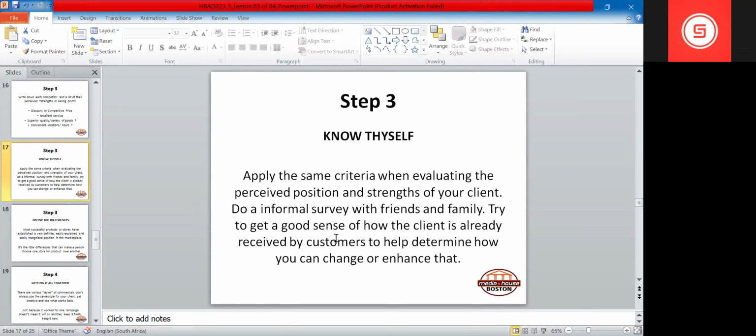So do an informal survey with friends and family. As I said before, go ahead and ask some questions, but also ask people that are actually at these stores, that are buying these particular products, because you might get, again, a very biased point of view. You don't have 20,000 friends or 1,000 friends or even 100 friends. And you definitely don't have 100 family members.